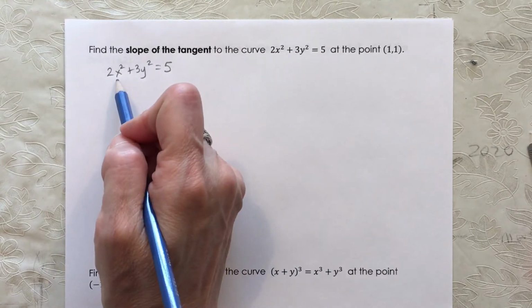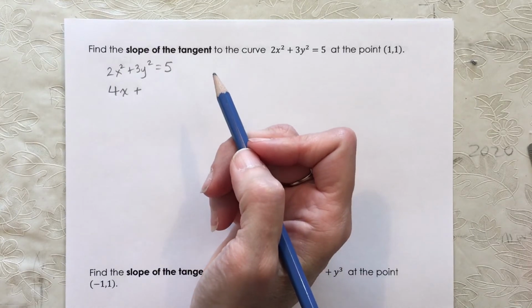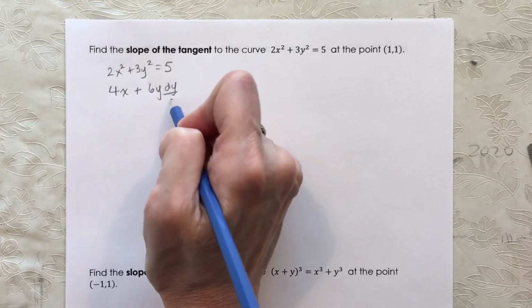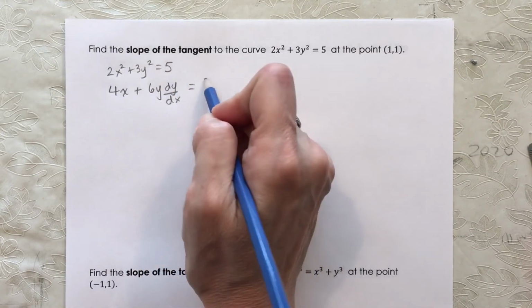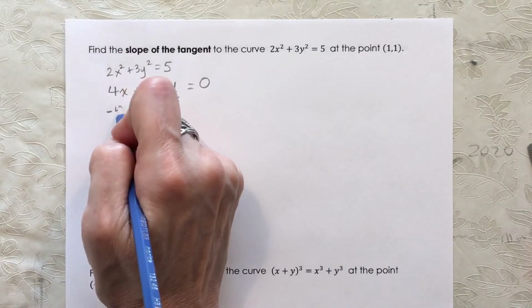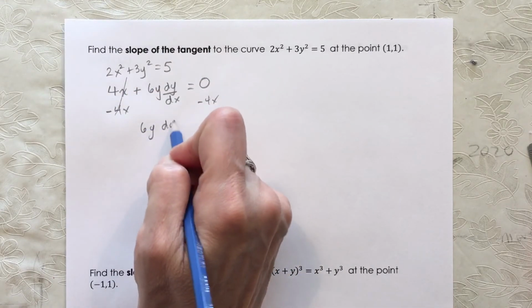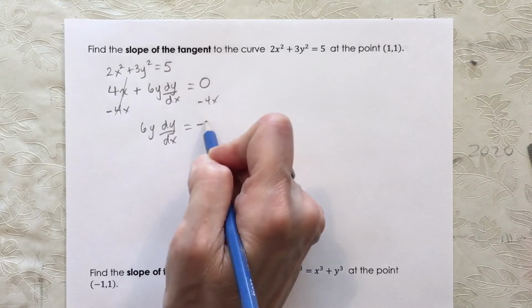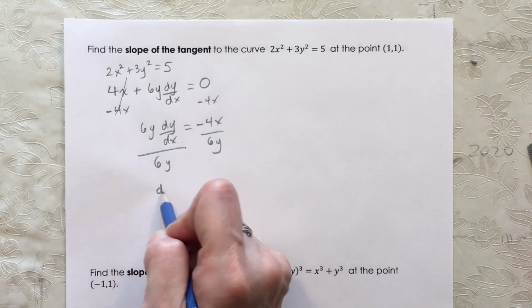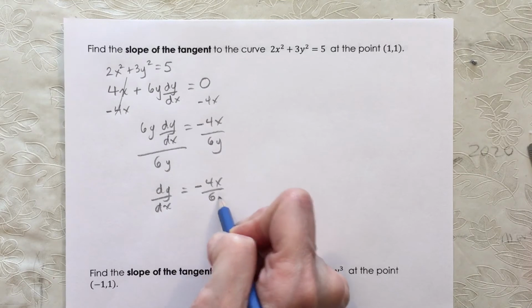The derivative of 2x squared with respect to x is 4x, plus the derivative of 3y squared with respect to x is going to be 6y times dy by dx, according to the chain rule, equals the derivative of 5, which is 0. We want to get dy by dx by itself. Divide both sides by 6y. And we get that dy by dx is equal to negative 4x over 6y.